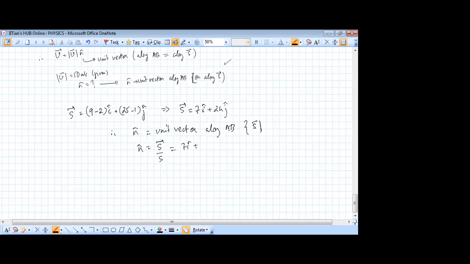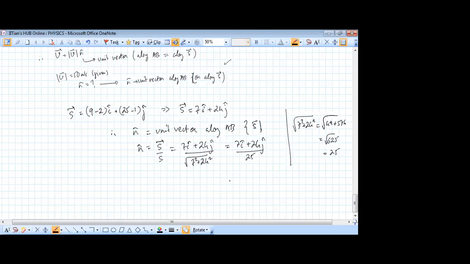So 7 i cap plus 24 j cap divided by the square root of 7 square plus 24 square. That is 7 i cap plus 24 j cap divided by 25, because you know that is equal to the square root of 49 plus 576, which is 25. So that is your n cap.